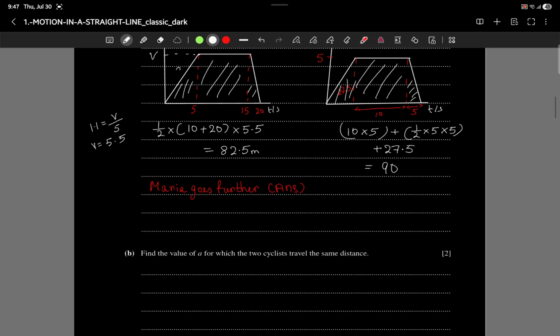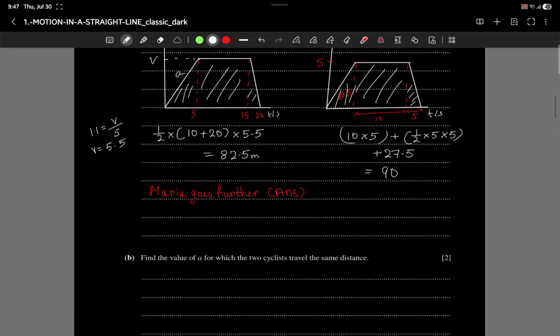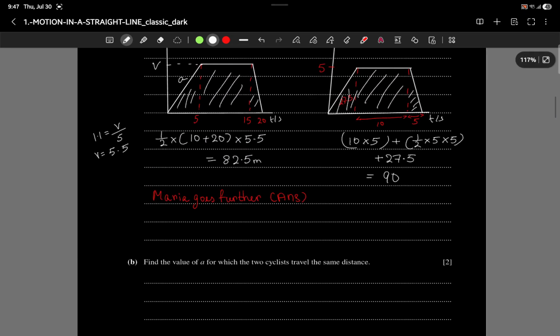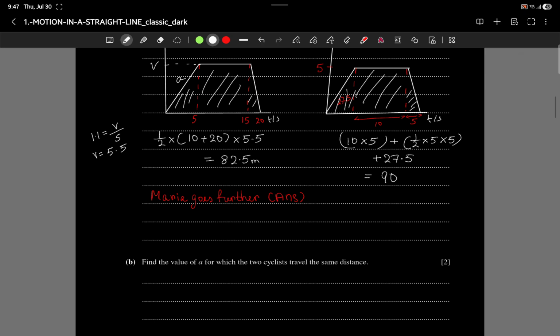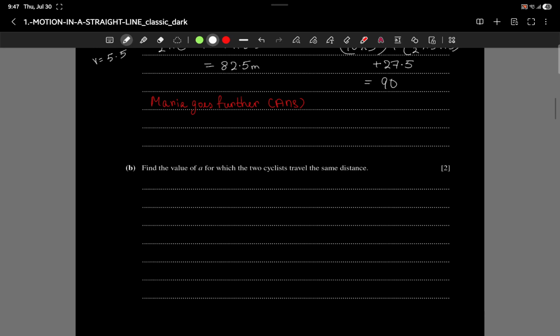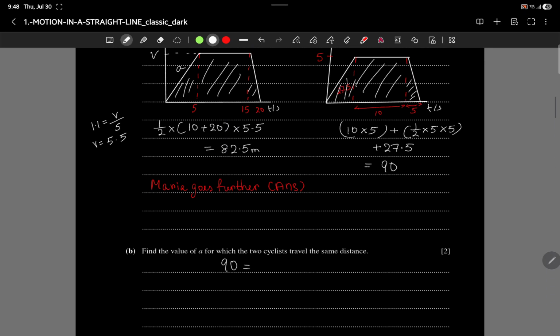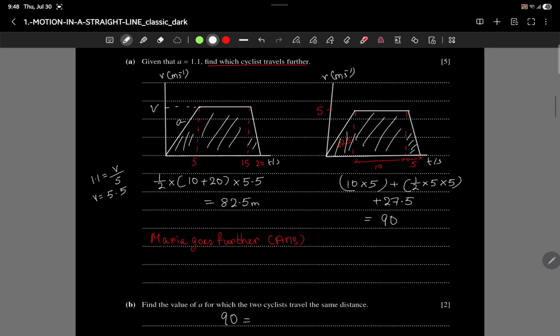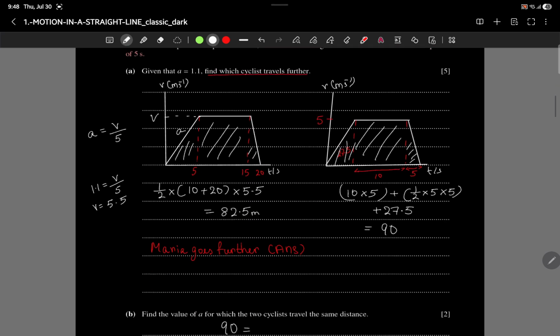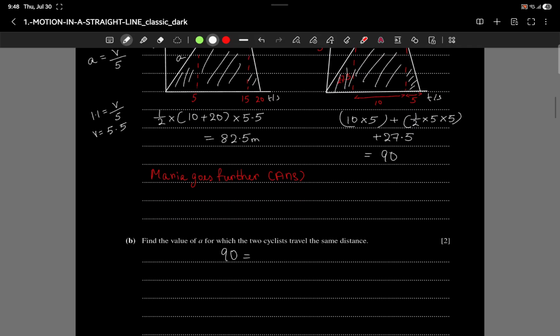Alright, so this is A. That means, so this distance from Maria won't change, right? So 90 will remain as it is, but over here acceleration will be this velocity, and the time will still be actually, yeah, it'll still be 5. Okay, nice.